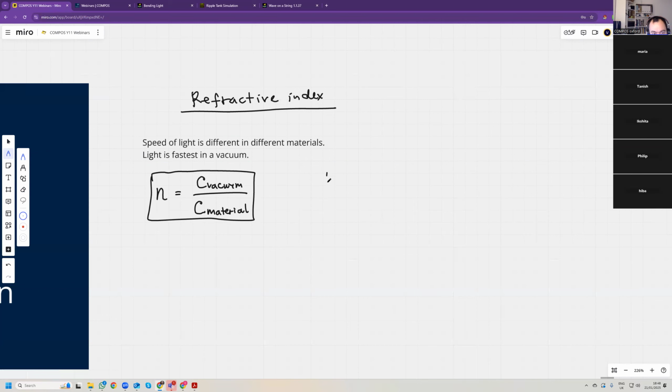So the refractive index of water is 1.33, which means light is 1.33 times slower in water compared to vacuum.